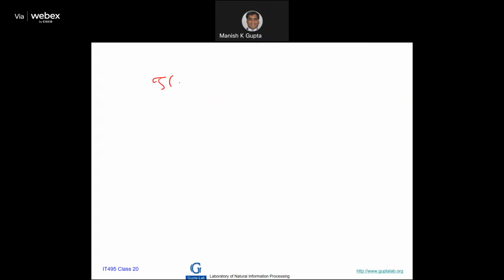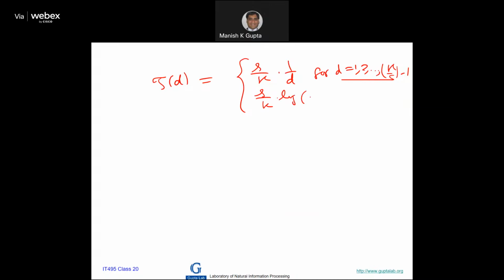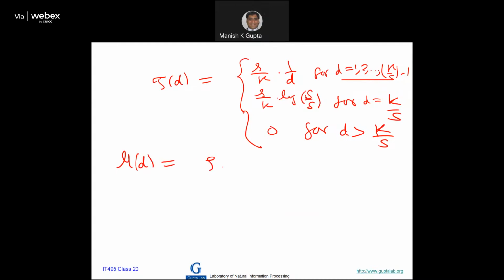He defined a positive function tau of d as S by K times 1 by d, for d equal to 1 to K by S minus 1, S by K times log of S by delta, for d equal to K by S, and 0 for d greater than K by S. Then a normalized function mu of d is used, which is rho of d plus tau of d divided by Z, where Z is the summation over d of rho of d plus tau of d.